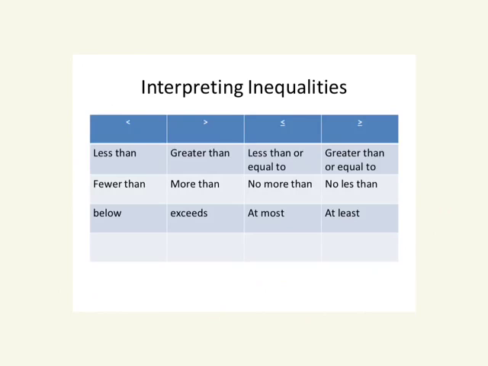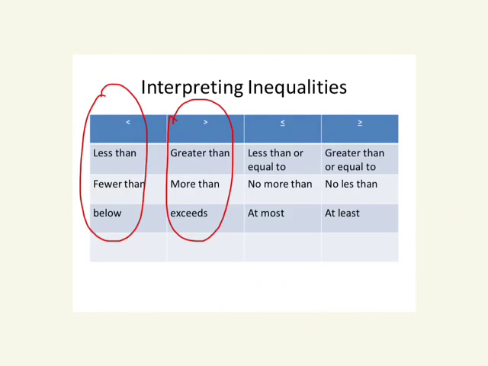Now, when you're having to write inequalities, these are some of the key words you want to look for. So these are the words that would indicate a less than symbol. These are the words that would indicate a greater than symbol. Here are the words that would indicate less than or equal to.